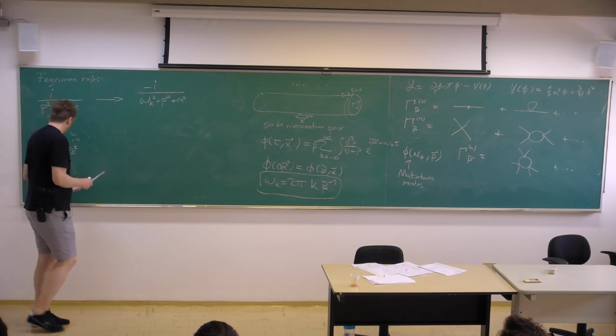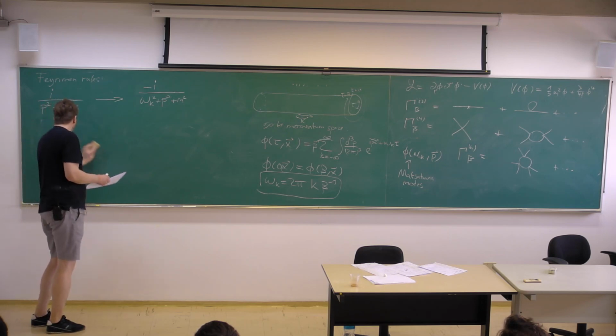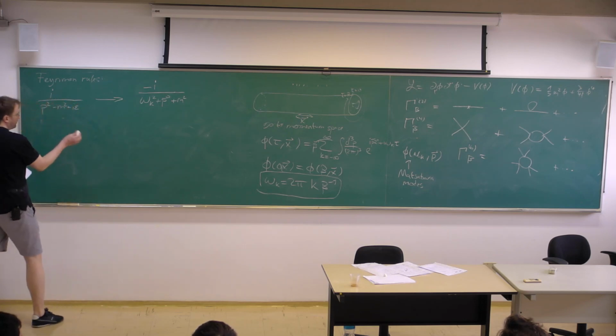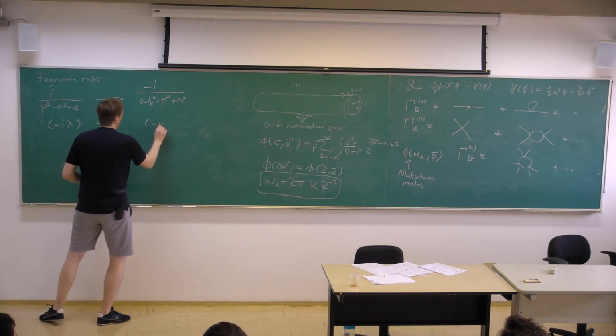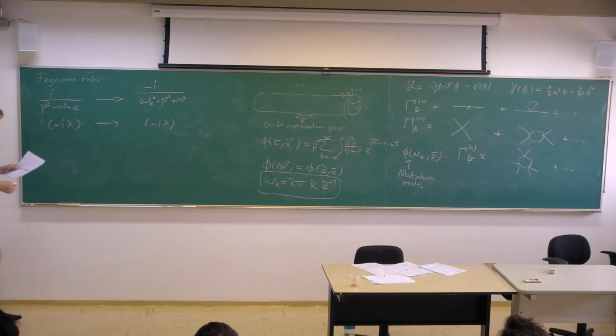Okay, this is one thing. For the vertex I get the same, so a vertex gets a factor of minus i lambda as before.